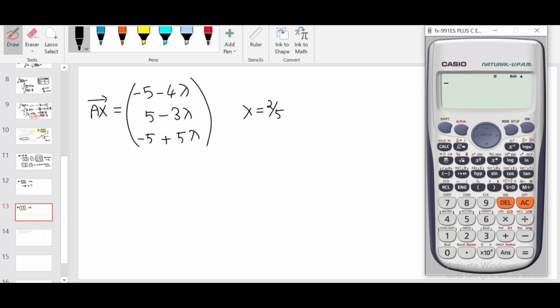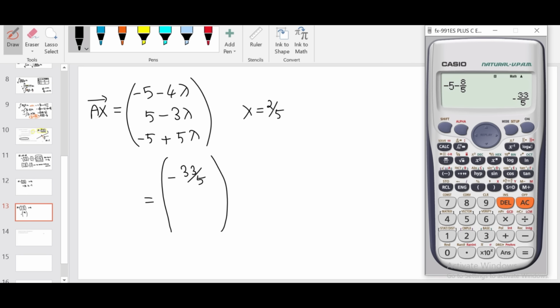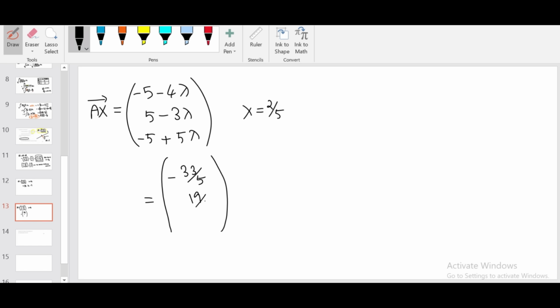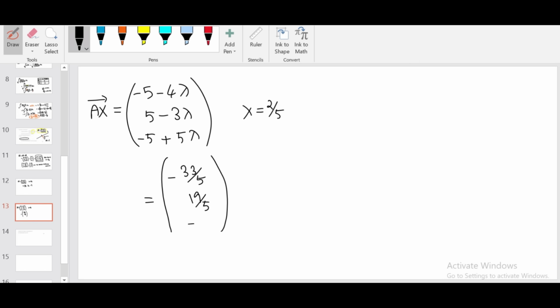So minus 5 minus 4 times 2 over 5, which is 8 over 5, is negative 33 over 5. And then 5 minus 3 times 2 over 5, which is 6 over 5, is 19 over 5, and then minus 5 plus 2 is negative 3.